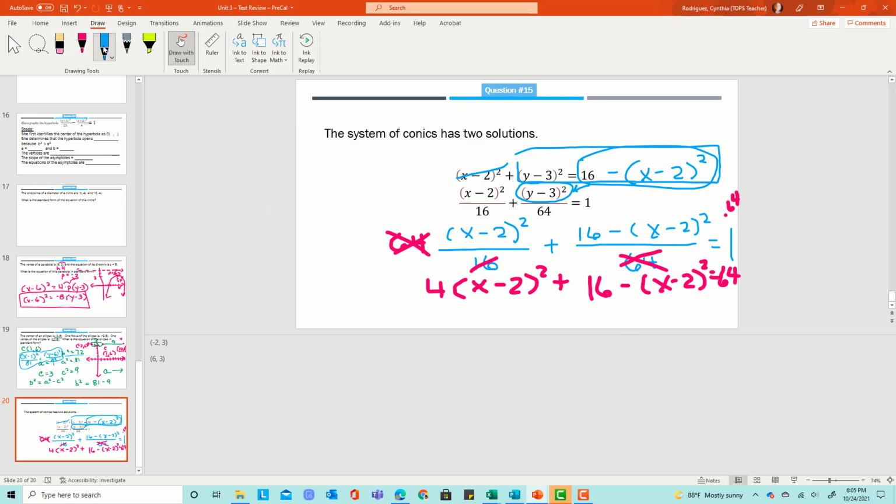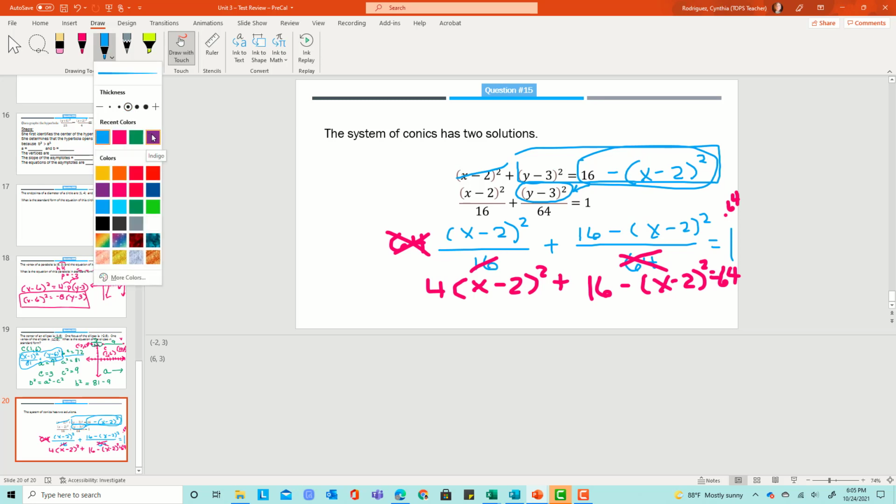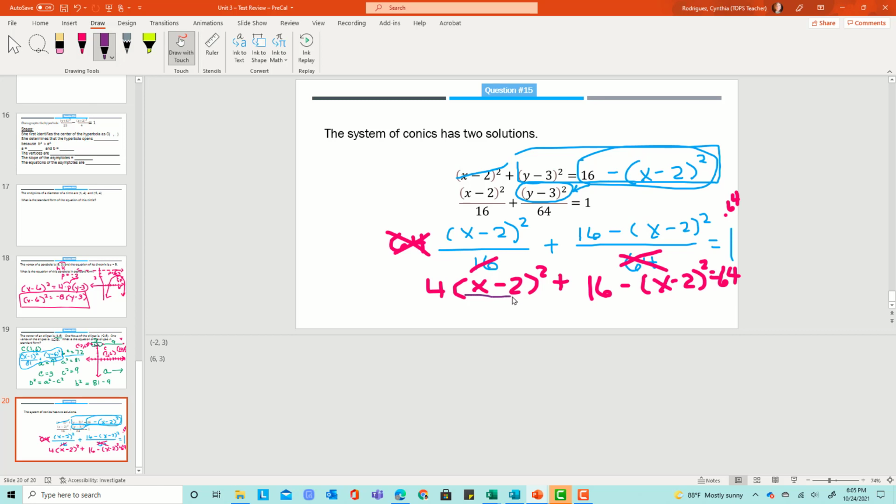Alright, let me get another pen color here. I'm going to go ahead and FOIL that out. I'm going to go back up to the top left. And I have 4 times x squared. We have a negative 2x and another negative 2x. That's negative 4x. And then the last term is going to be negative 2 times negative 2, and that's positive 4.